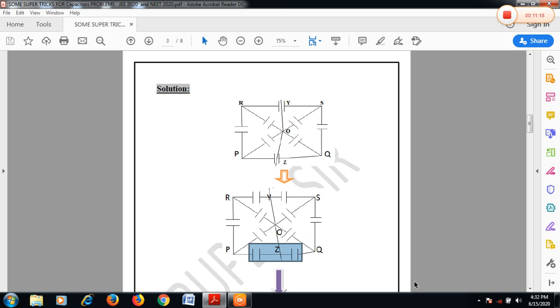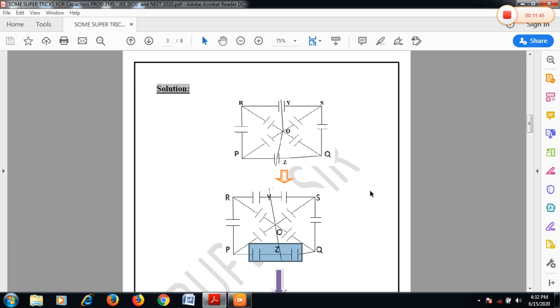Okay students, now pay close attention to this point. Since the left hand part and the right hand part are symmetrical, you can consider that across the points P and Q, the left part and right part of the circuit are connected in series.